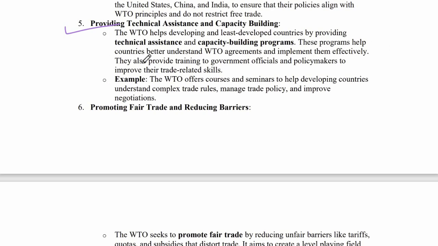They also provide training to government officials and policymakers to improve their trade related skills. Example, WTO offers courses and seminars to help developing countries understand complex trade rules, manage trade policies, and improve negotiations.